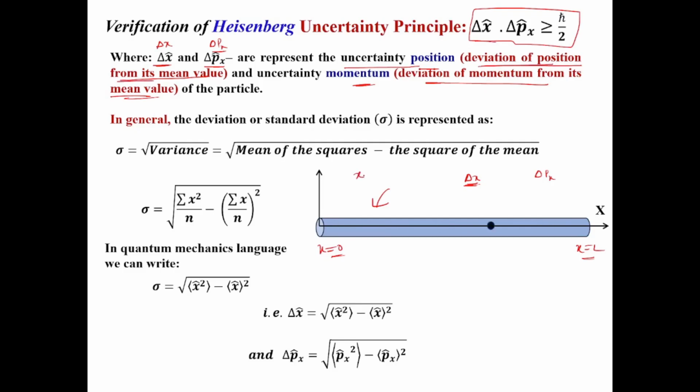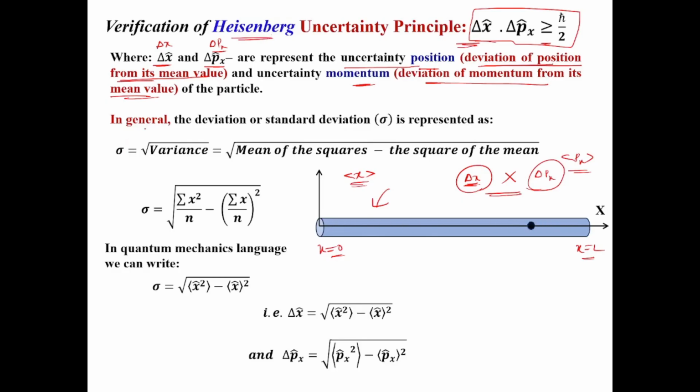We know that the expectation value of position is this one, and the expectation of momentum is this one. So these are the deviations from the mean values. If I multiply these two, it will always be greater than or equal to h cross by 2. That we are going to verify. This is the famous principle given by Heisenberg, right?